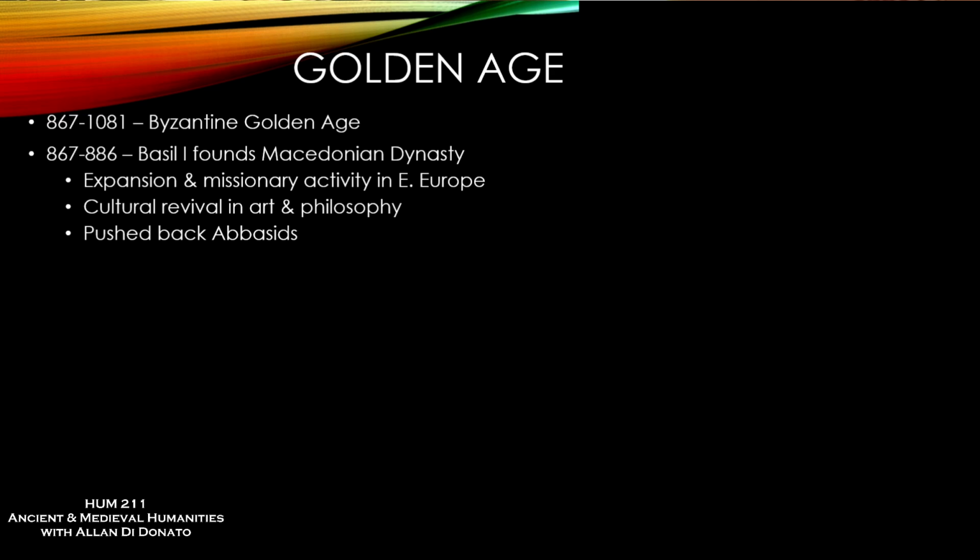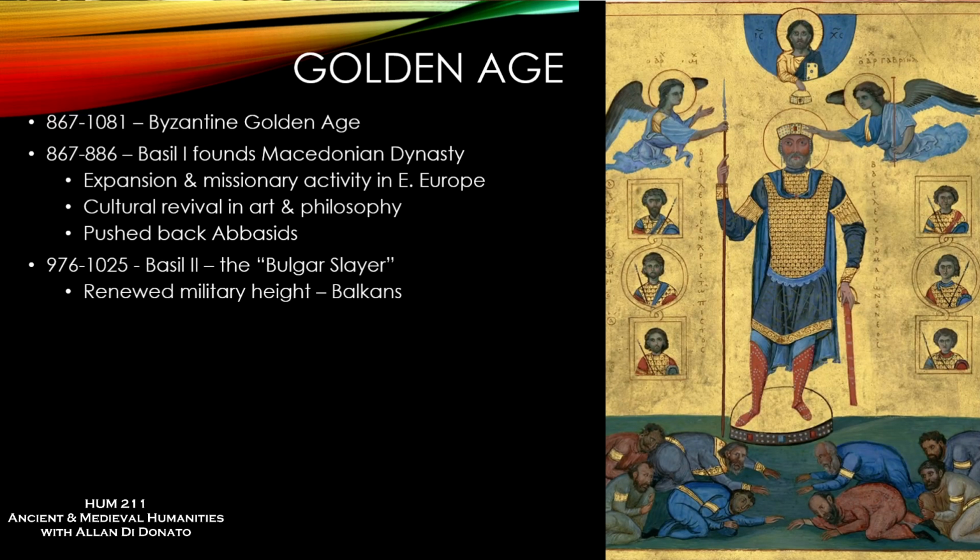It's a good portion of the coastal region taken back. They don't get Jerusalem, however, which is going to be something that later the Western Christians are going to be very interested in.